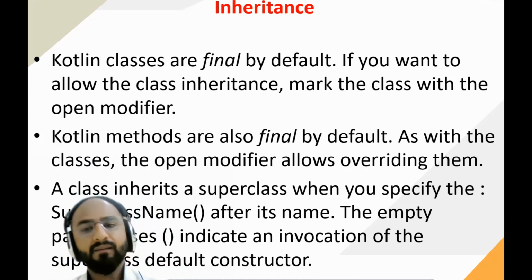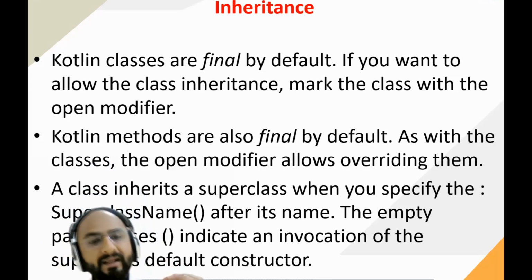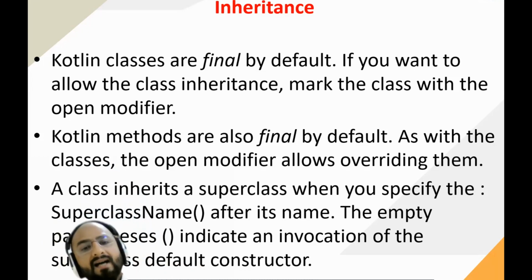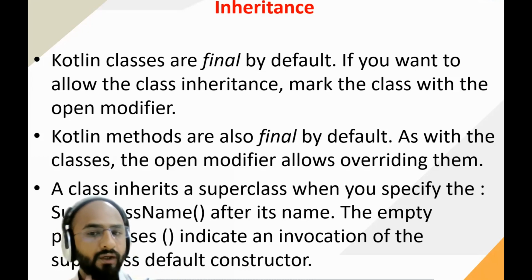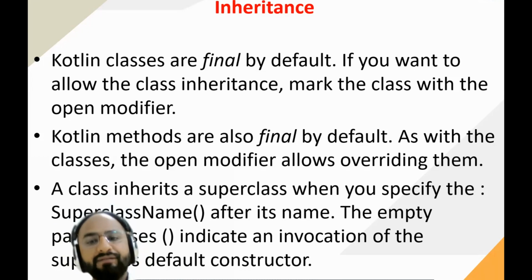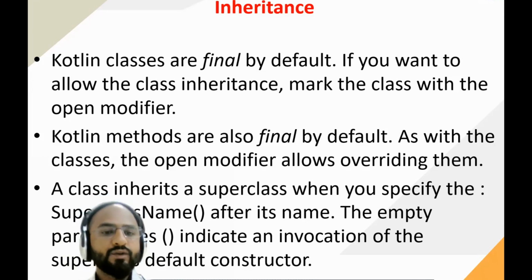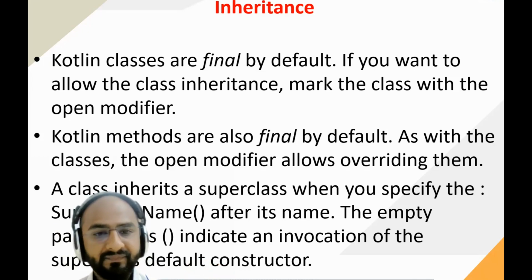Kotlin methods are also final by default. This is also a very important point. If you are creating a method in a particular class, that method will also be a final method by default. As with the class, the open modifier allows overriding them. Now, suppose there is a super class having a method.